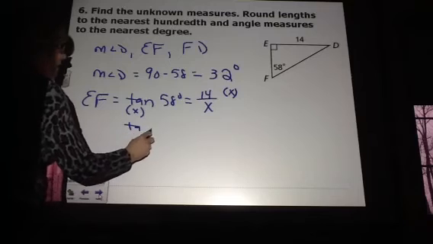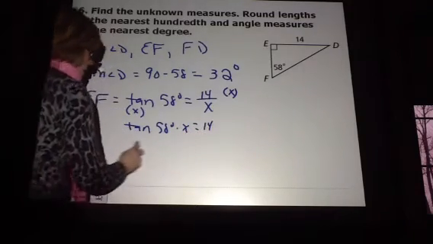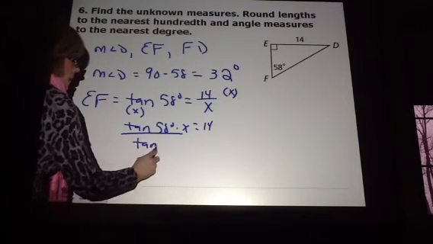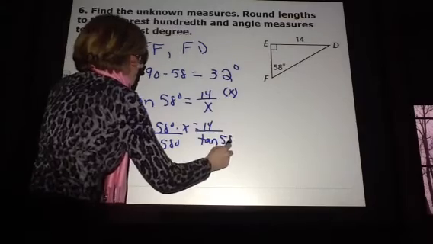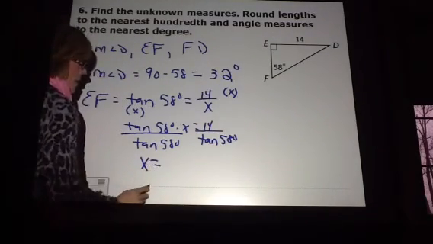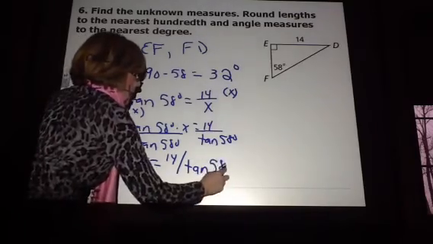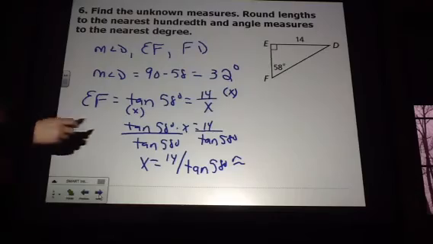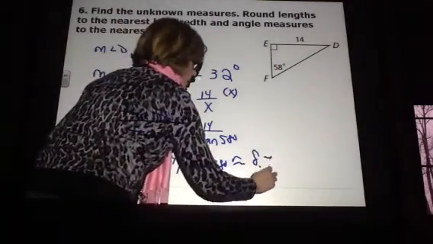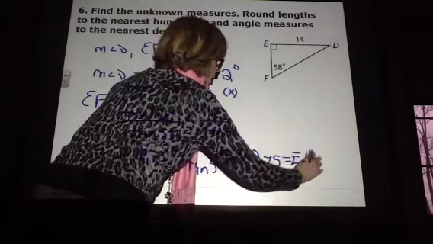So I have the tangent of 58 degrees times x equals 14. Divide both sides by the tangent of 58 degrees. Therefore, x equals 14 divided by the tangent of 58 degrees. And you should get approximately 8.75. And that is your EF.